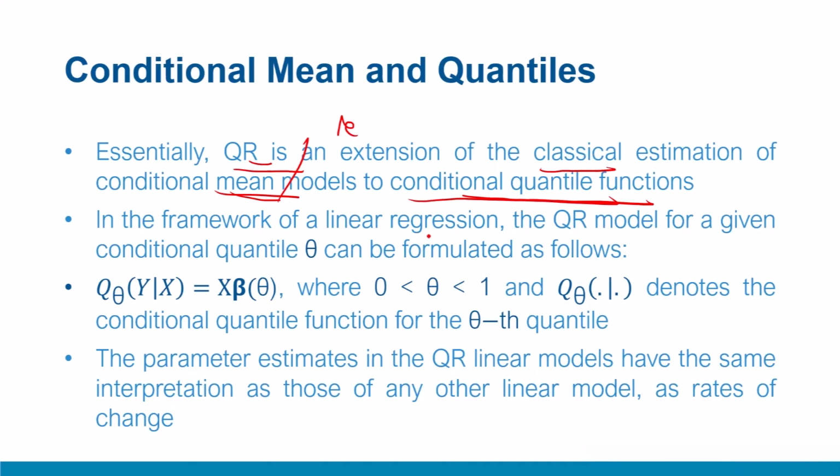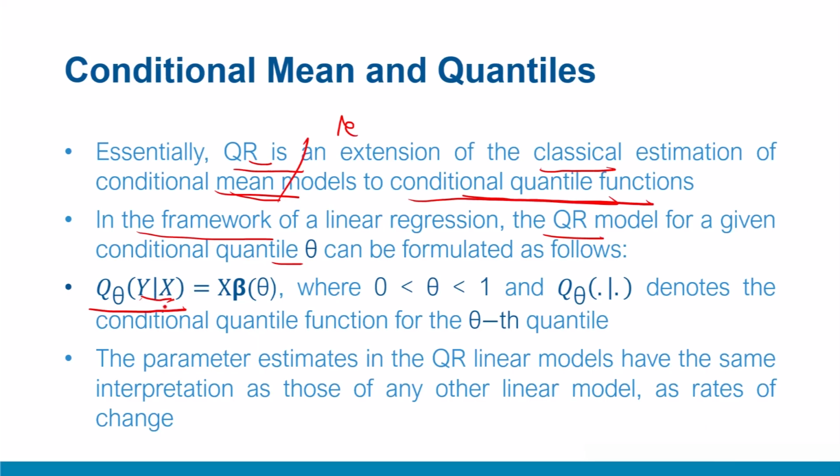In the framework of linear regression, the quantile regression model is specific to a quantile, and it is formulated like this: q theta y given x, which is the quantile-specific value of y for a given x. So it allows the y and x relationship to be quantile specific.